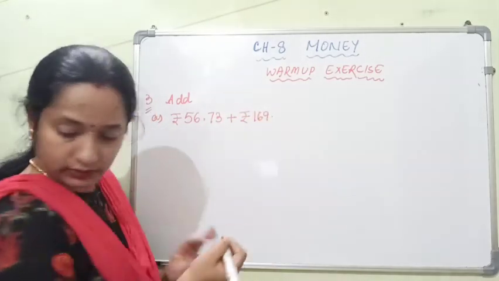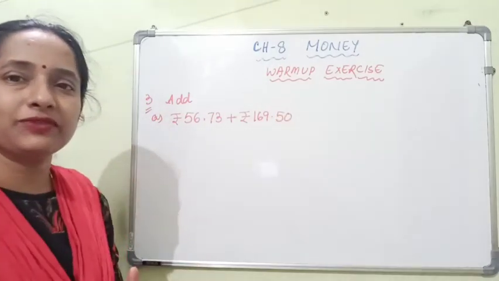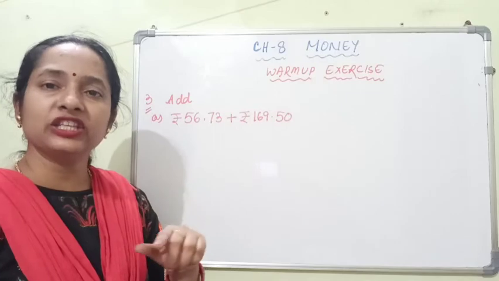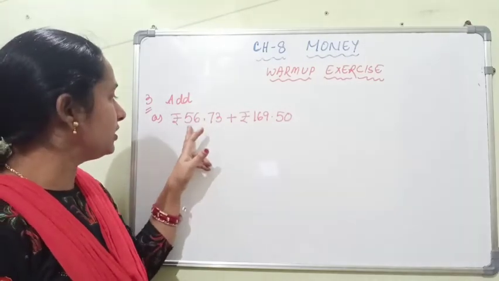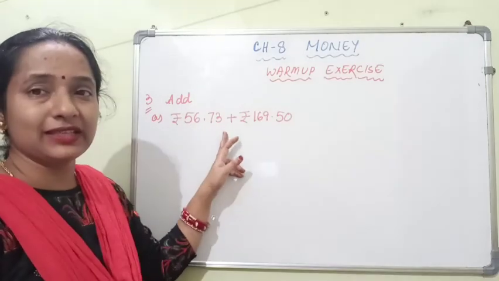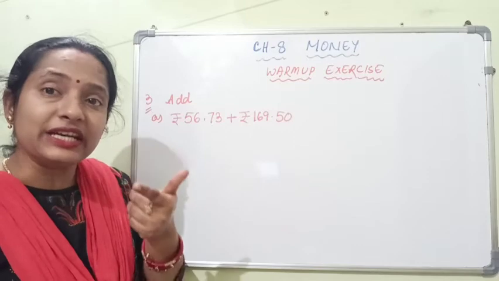169 rupees 50 paise. So there is a small difference between decimal numbers and rupees. Here we use a point to separate the rupees and the paise, but can you guess what the difference is? The difference is in reading.